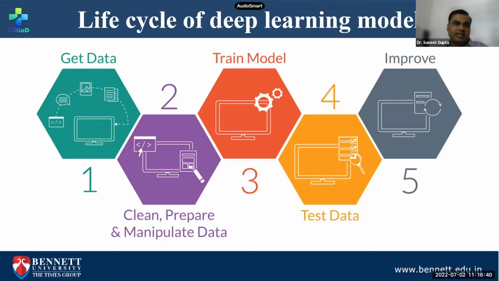Okay, so in the life cycle of a deep learning model, the first and foremost important thing is to get data. If you go back 30 years, if you talk about weather forecasting, generally we collected the data, and the size of that data was very small. So weather forecasting decisions were not proper.